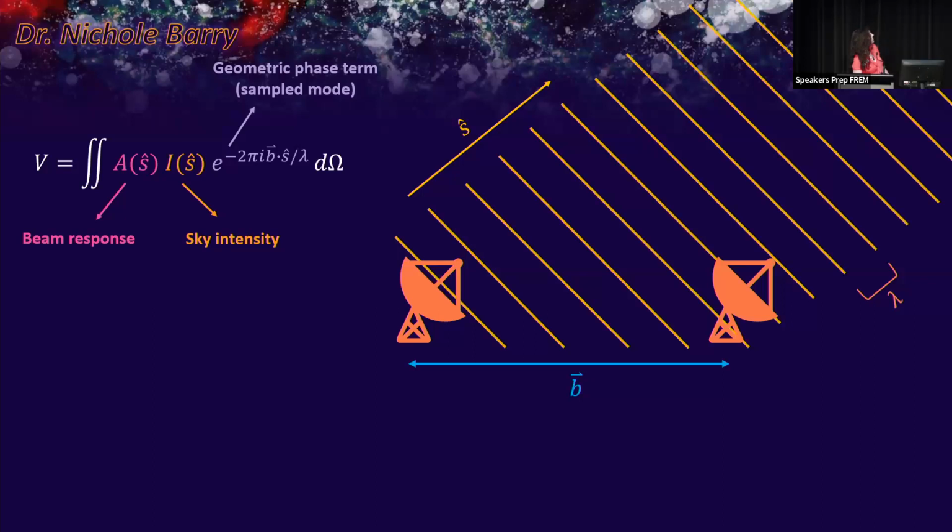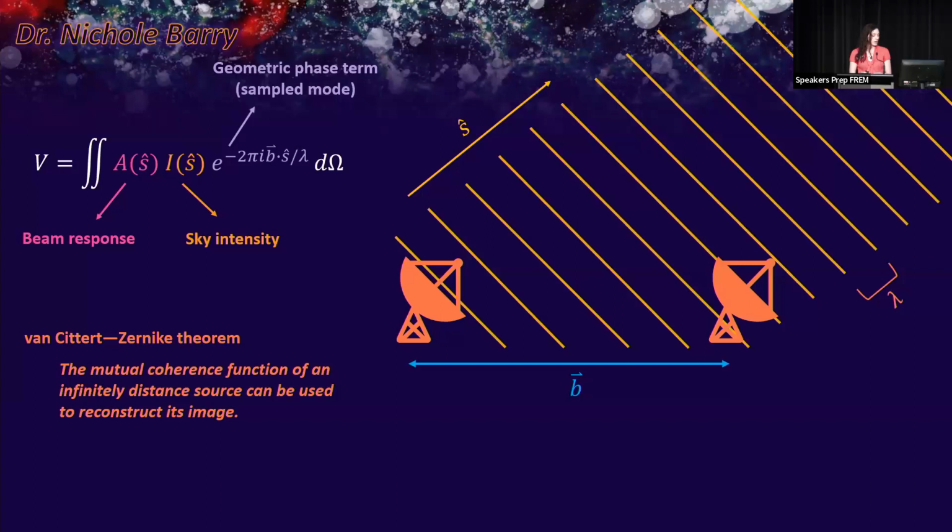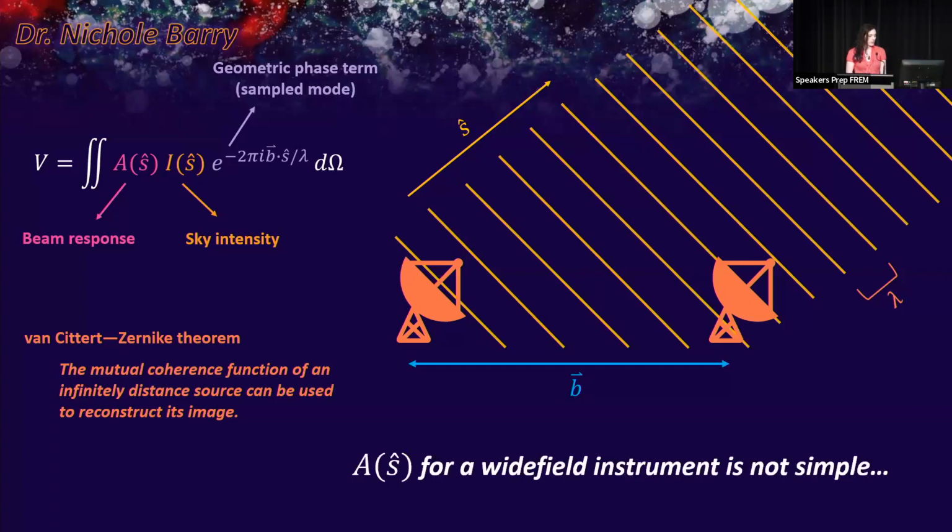And there is this idea that you can reconstruct the image of the sky through the mutual coherence function if the source you want to see is an infinite distance away. Essentially, what this means is that this is a double Fourier transform of the sky. The problem that we're seeing is that this A term, this beam sensitivity term, for a wide field instrument is not simple.